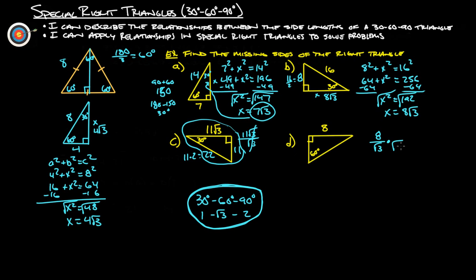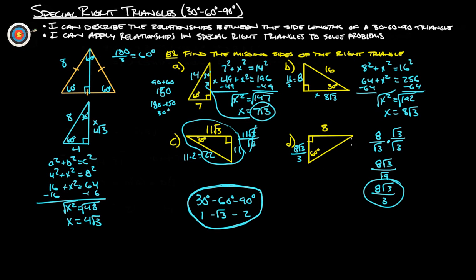We have to get rid of that root 3, so we multiply it by another root 3, top and bottom. So this gives us 8 root 3 on the top, and then root 3 times root 3 is root 9, which we know is 3. So that's just going to be 8 root 3 over 3 for this one here, which is not beautiful, but it works.